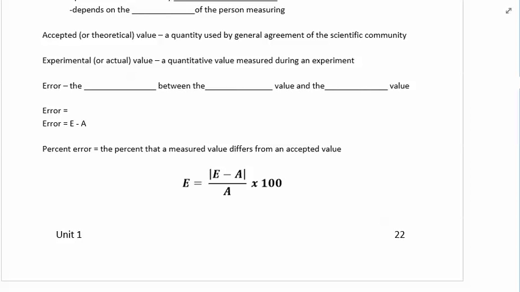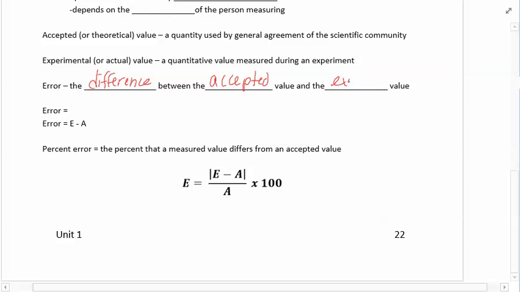So what error is, it's the difference between the accepted value and the experimental value. So error by itself is equal to experimental minus accepted or accepted minus experimental. So you're looking at the error.